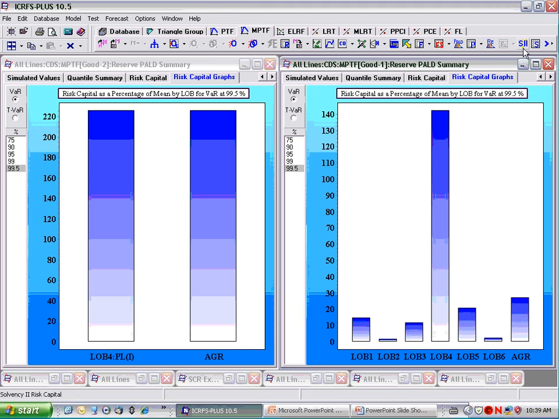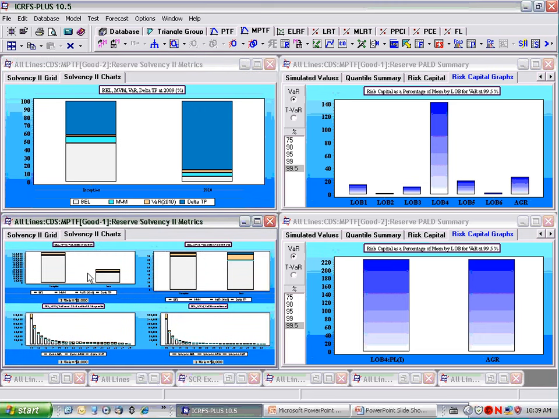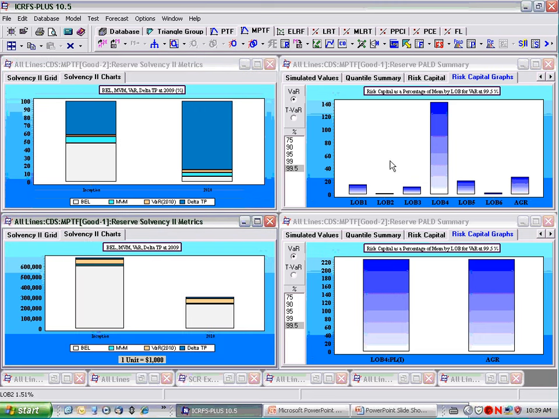Let's compare that with our solvency measures, which depend more on delta TPs for subsequent years and the VAR only for the next calendar year. So let's do some comparisons. For the aggregate, the SCR is 65 million.